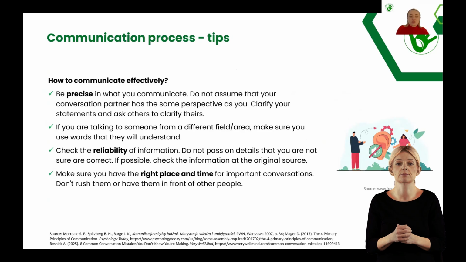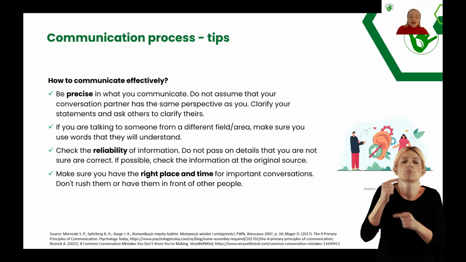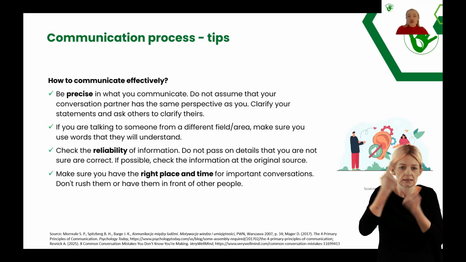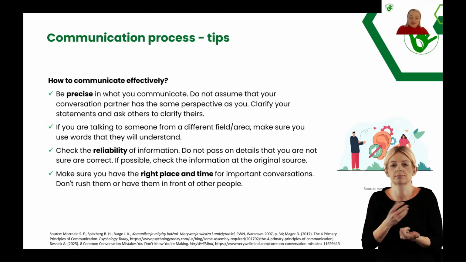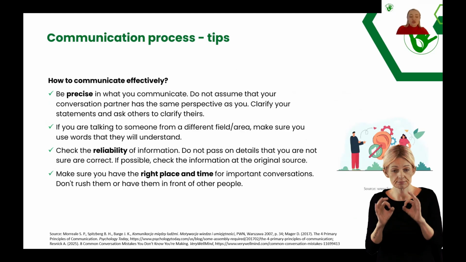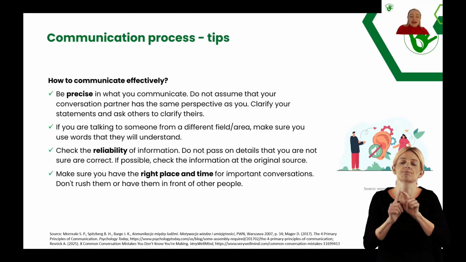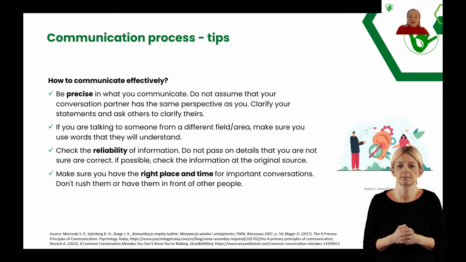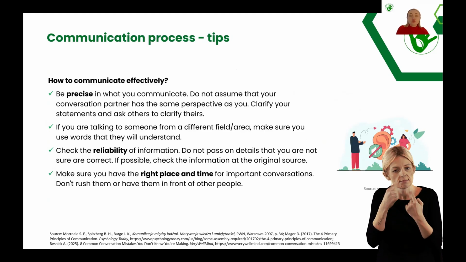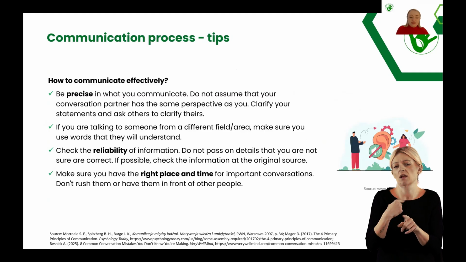Now that we know what the communication process consists of, let's consider how we can communicate effectively in both our professional and private lives. The first step is to be precise in what we communicate. It is a mistake to assume that our interlocutor will guess what we mean.